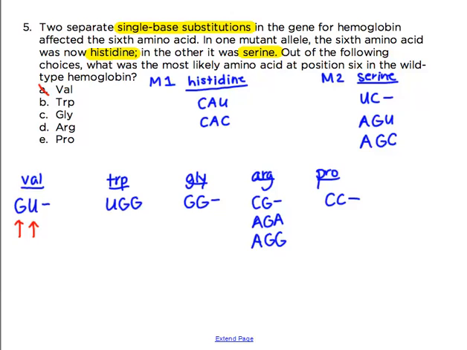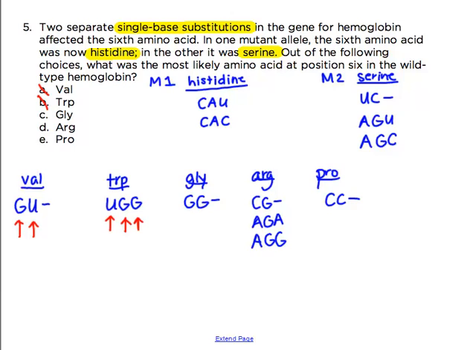So if we're looking to convert tryptophan to histidine, this uracil would have to be changed to cytosine, this guanine would have to be changed to adenine, and then this guanine would also have to be changed to either uracil or cytosine. So that's 3 base substitutions, so that is definitely not the wild type amino acid.